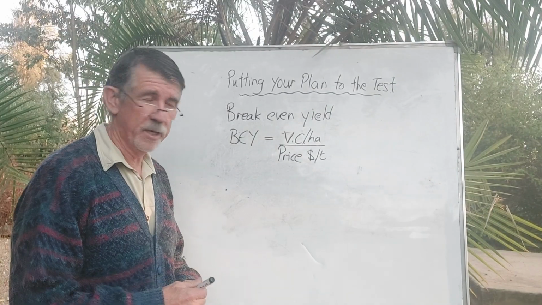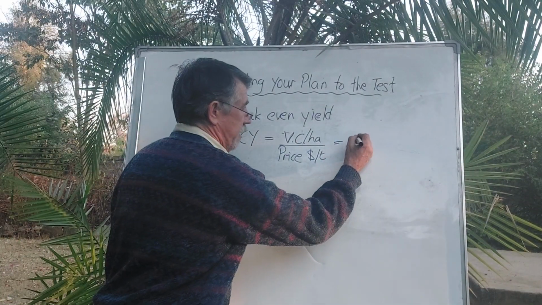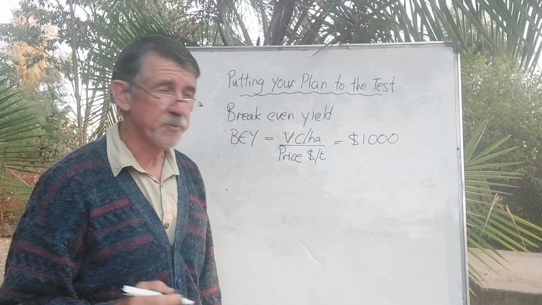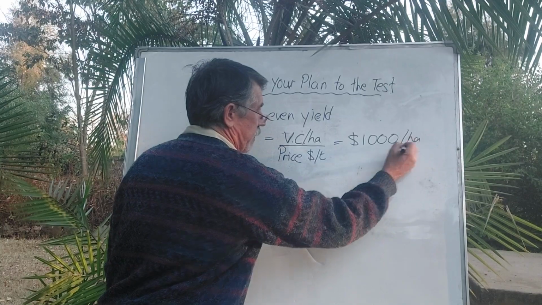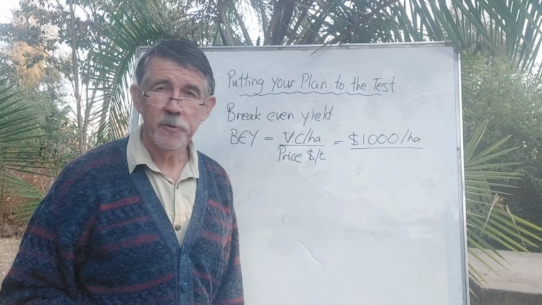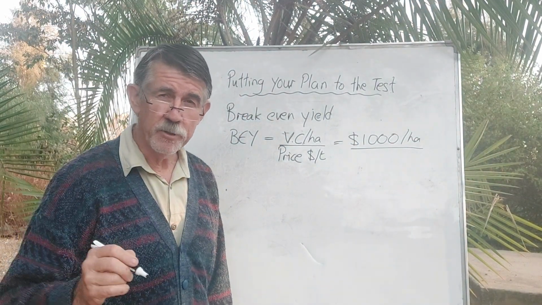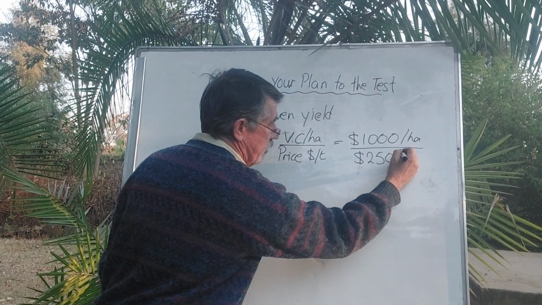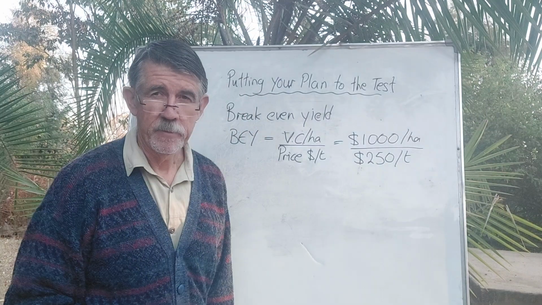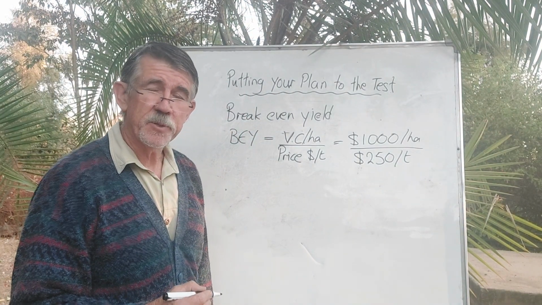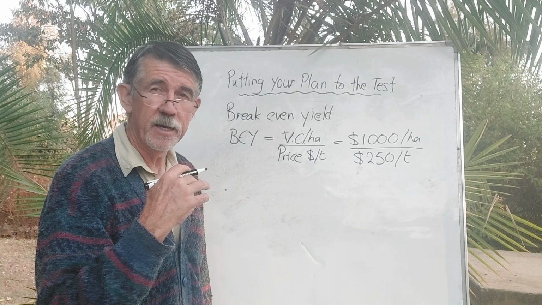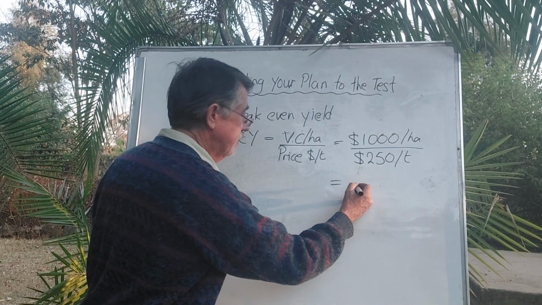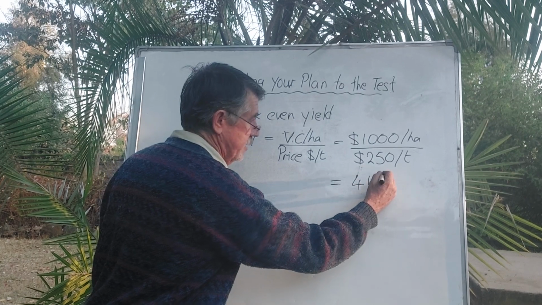So let us assume that we have a variable cost of $1,000 per hectare, and our budgeted price from our income model is, let's say, $250 per ton. $250 per ton is what we have assumed we are going to achieve. Therefore, our break-even yield is 4 tons per hectare.